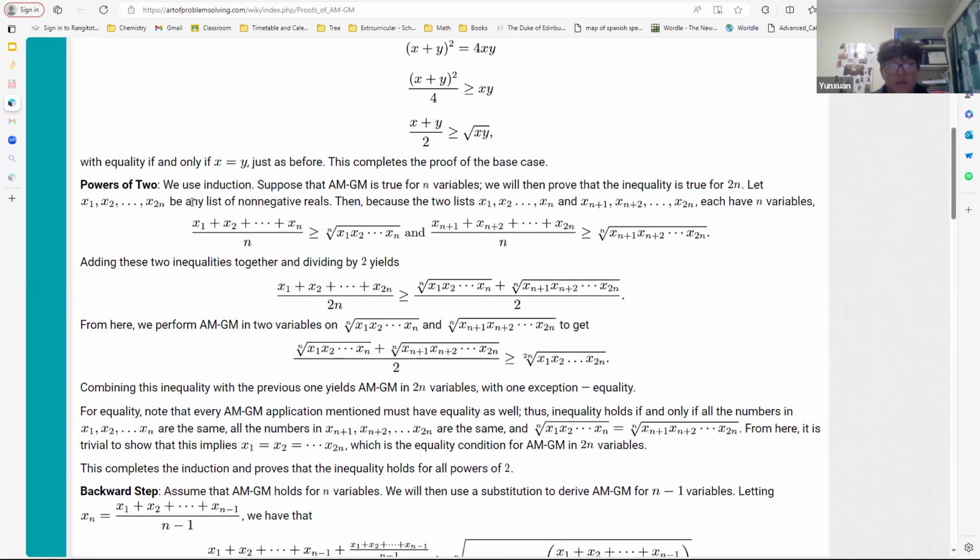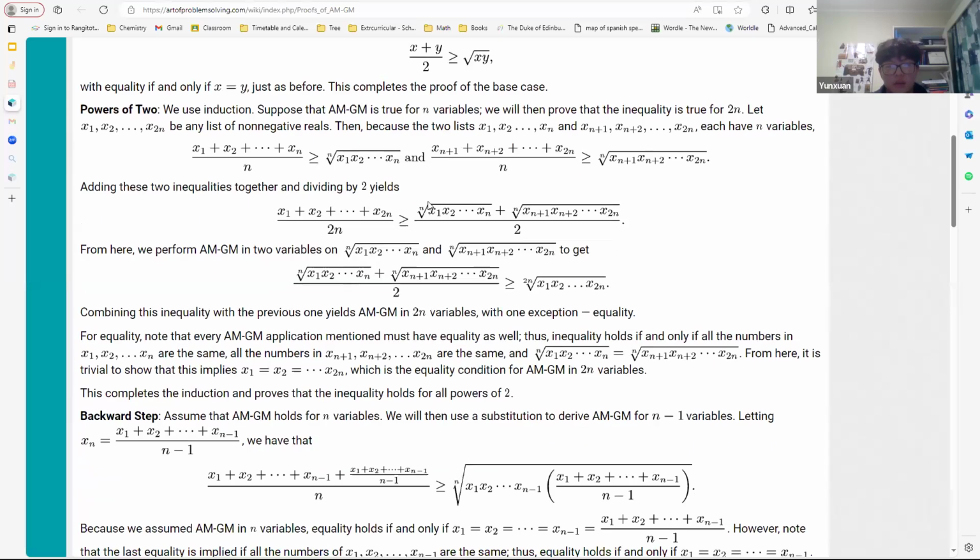And then now for powers of 2, suppose it works for a sequence of length n. Then we construct another one from x(n+1) through to x(2n) using the same principle.